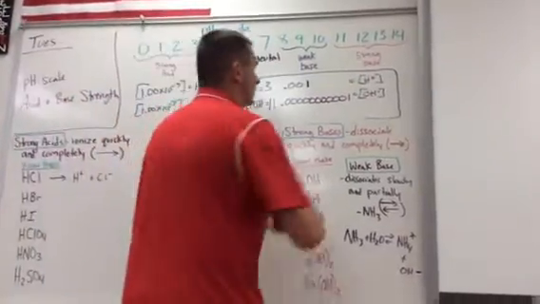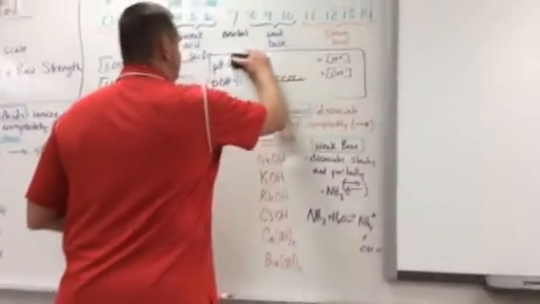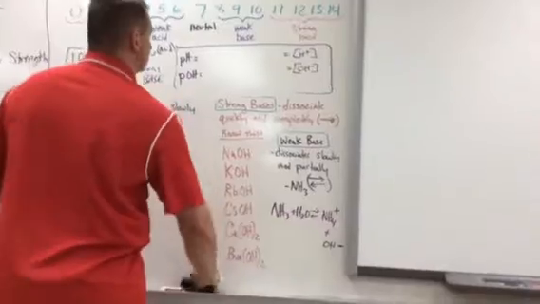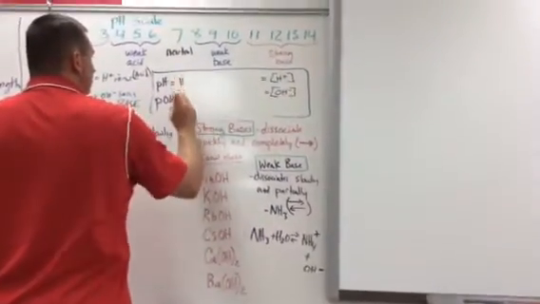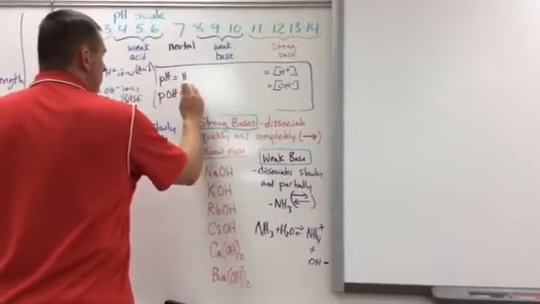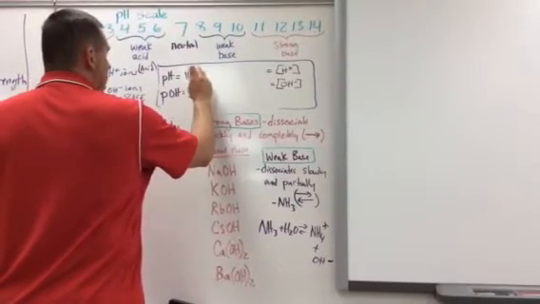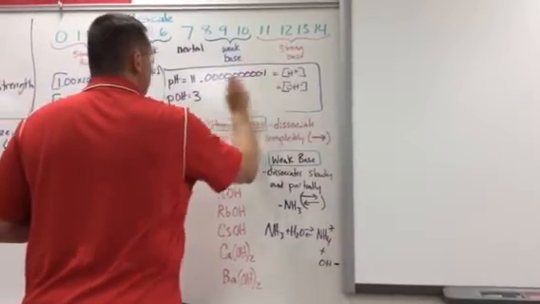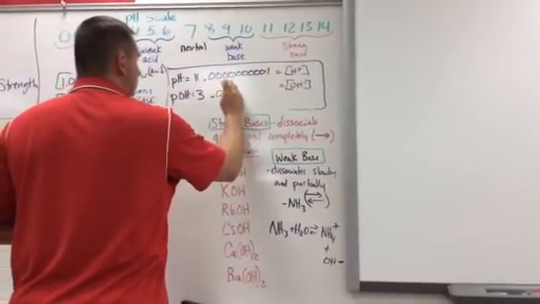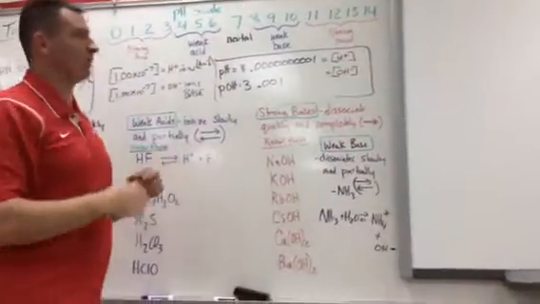And vice versa with a base, if my pH equals 11, then my pOH is going to equal 3. So my H plus concentration is going to be that, and my OH minus concentration is going to be that. So now which one is there more of?